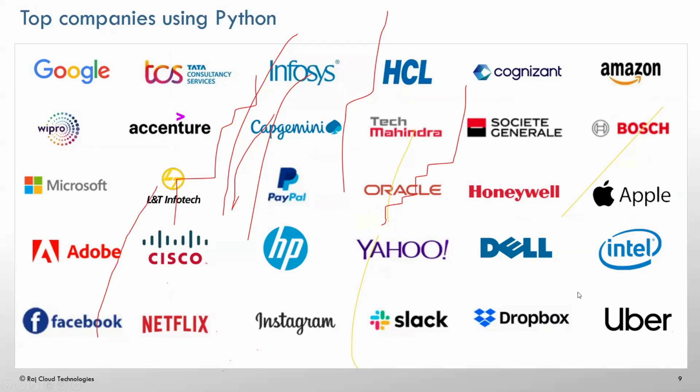This is just a list of companies we know of, and these are the large-scale, big MNCs. Right now, from small-scale to medium-scale to large-scale companies, all the domestic companies and MNCs are using Python like anything. So that's the reason it's trending.